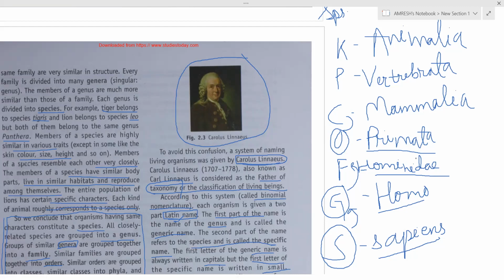One is carnivora, one is primata. They come together under mammalia because tiger is also a mammal, and human is also a mammal.